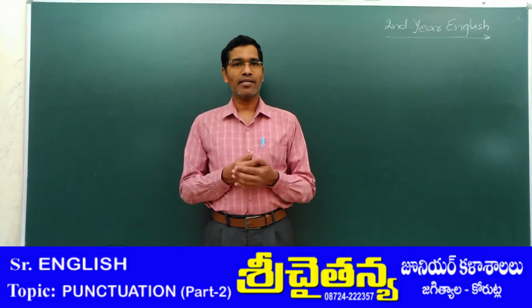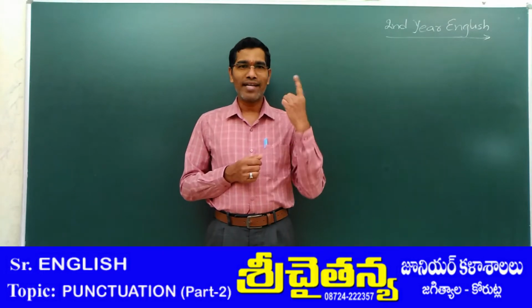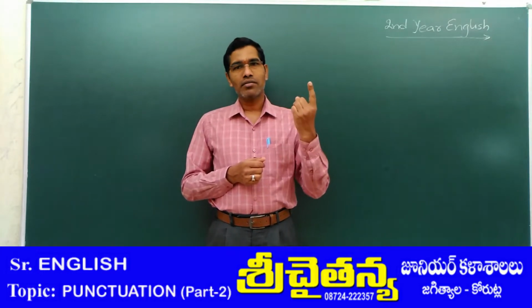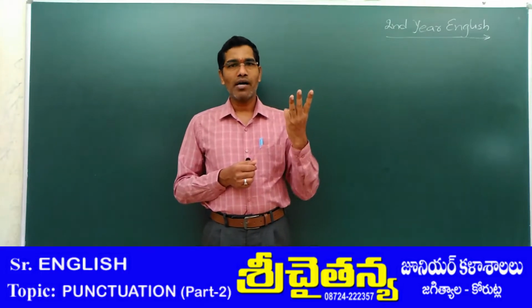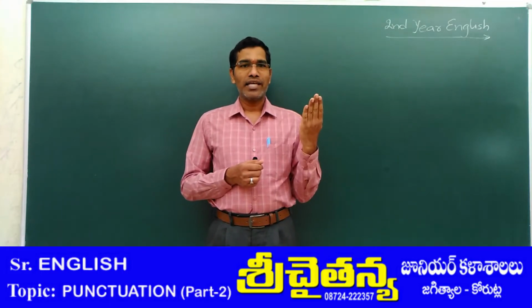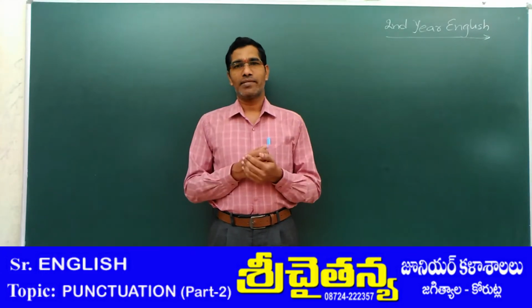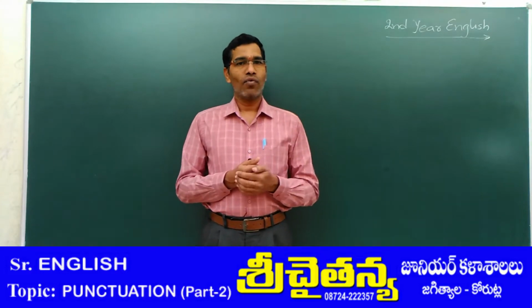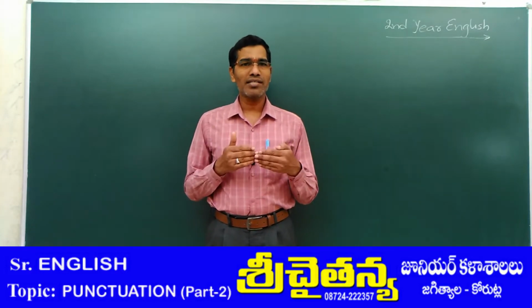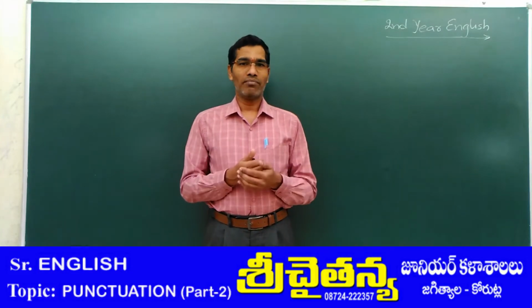Like that, there are 5 internal punctuations. One is semicolon, second is colon, third is comma, fourth is inverted commas, and last is ellipses. Let us discuss first what the internal punctuation marks are and how we use them.